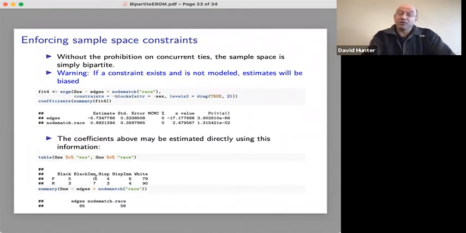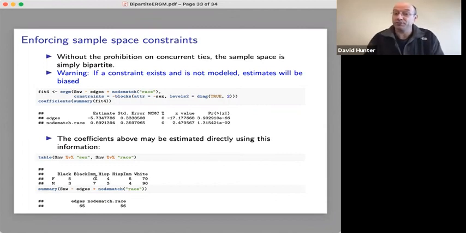So the sample space could be simply bipartite if we removed the prohibition on concurrent ties. And I simply wanted to make the point here, even though this is a little bit outside the scope of our ERGMs with bipartite networks presentation, that if you have a constraint that exists in your particular network, but you don't model it, then the estimates will be biased.